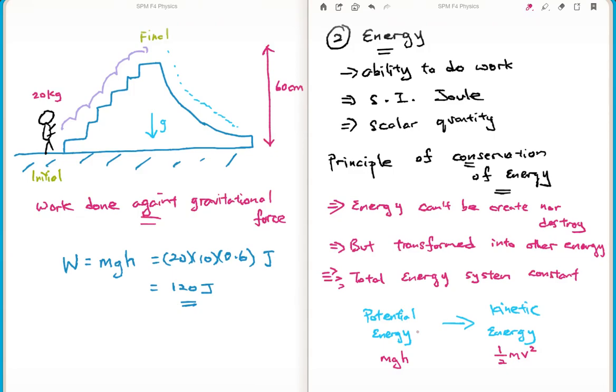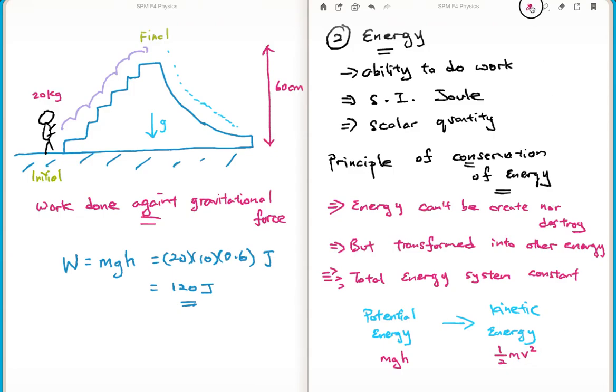Basically, it will normally go from potential to kinetic, and the interesting part is this velocity.